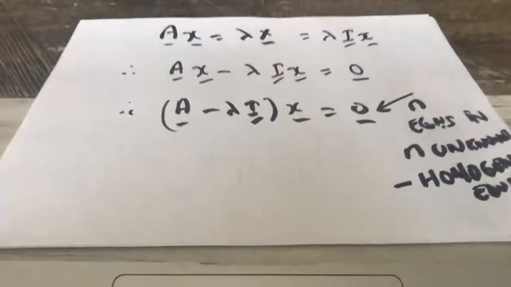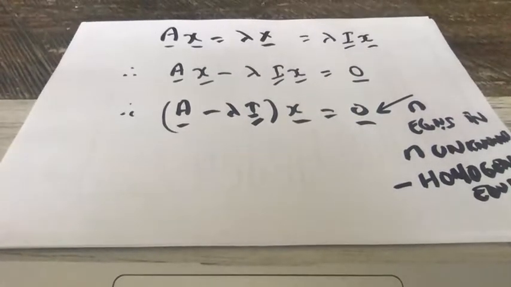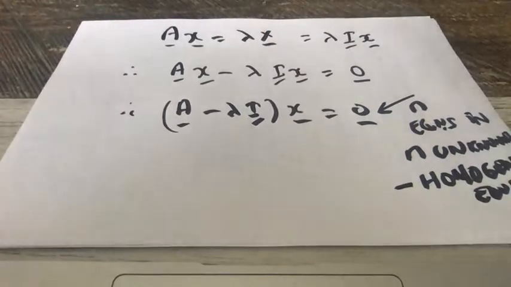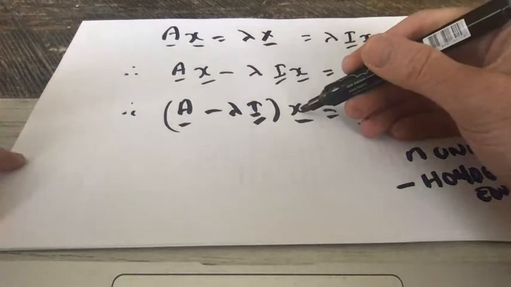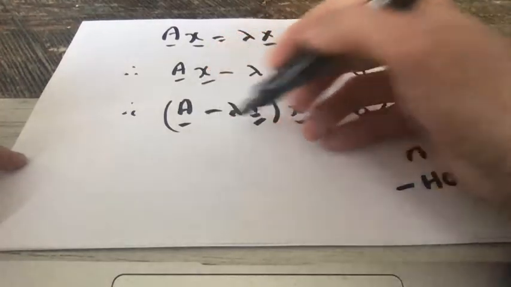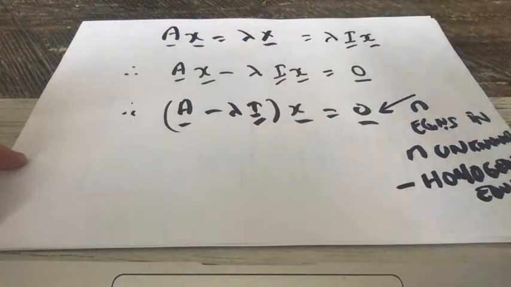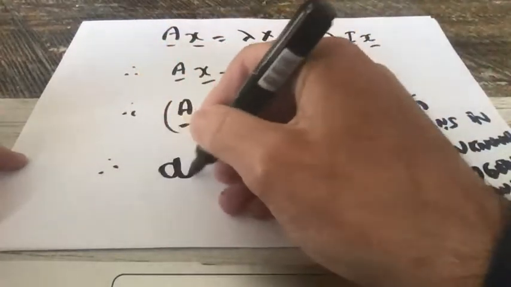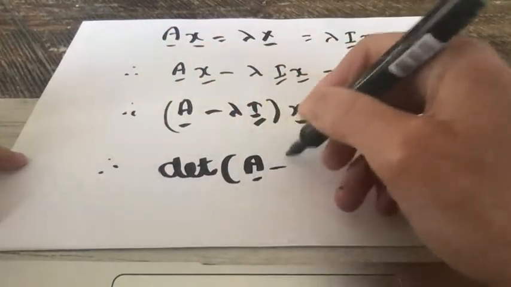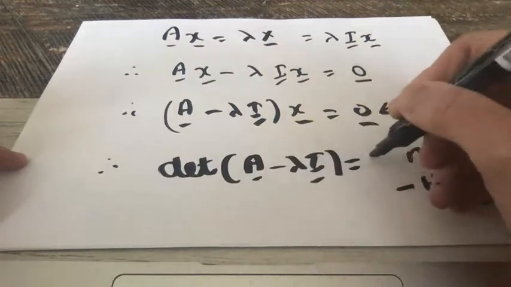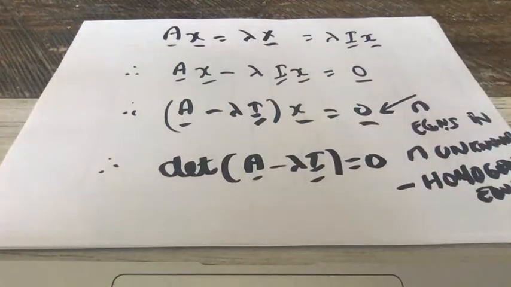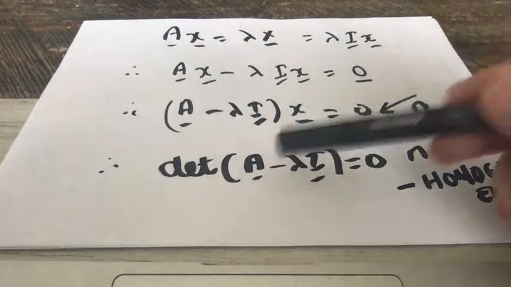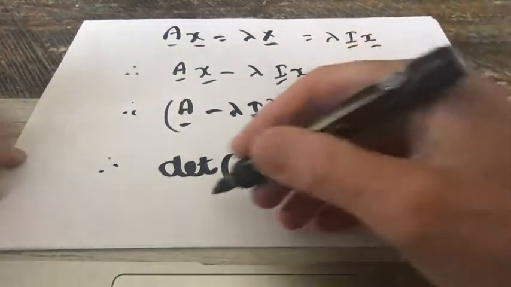This is not obvious, but it is very common. Because you've got zeros on the right-hand side, if you want non-zero solutions for x, the determinant of this must be equal to 0. So what you must get is that the determinant of A minus lambda I must be 0. And that equation, the determinant of A minus lambda I, is called the characteristic equation.